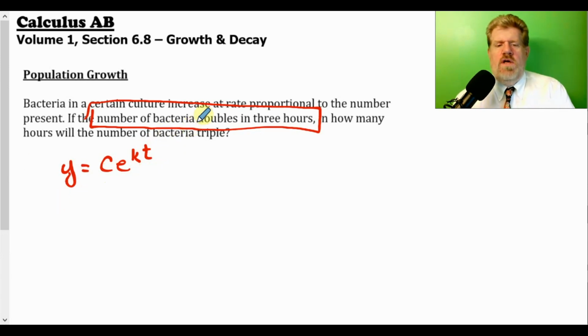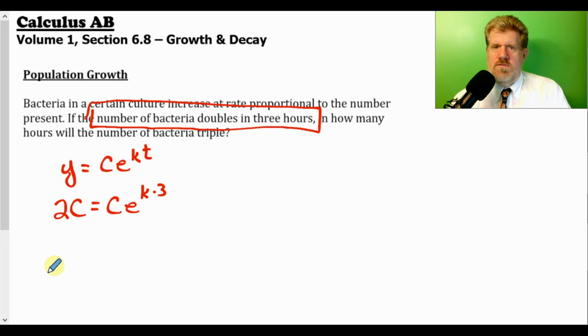What we know is that it doubles in 3 hours. So in 3 hours, how much do I have? Well, if I started with C, that means in 3 hours, I have twice that much. And there's my equation that can help solve for K. I can divide both sides by C. And I'm allowed to divide both sides by C because I know C is not 0.